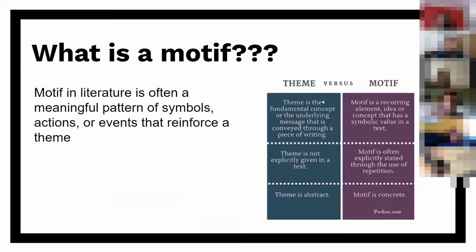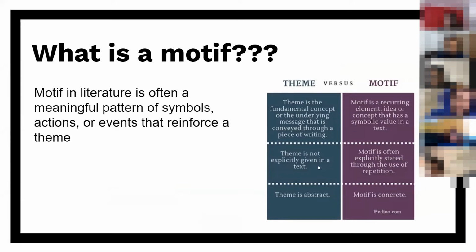A motif in literature is often a meaningful pattern of symbols, actions, or events that reinforce a theme. The difference between the two is that a theme is the fundamental concept, the underlying message conveyed through a piece of writing, and a motif is a recurring element that has symbolic value and communicates the theme. The theme is usually not explicitly given.